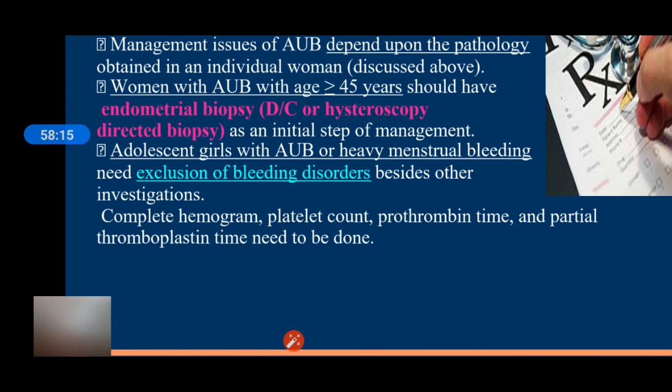You rule that out by doing coagulation profile, complete hemogram, platelet count, prothrombin time, partial thromboplastin time, etc., which are needed to rule out any clotting defects in those cases.